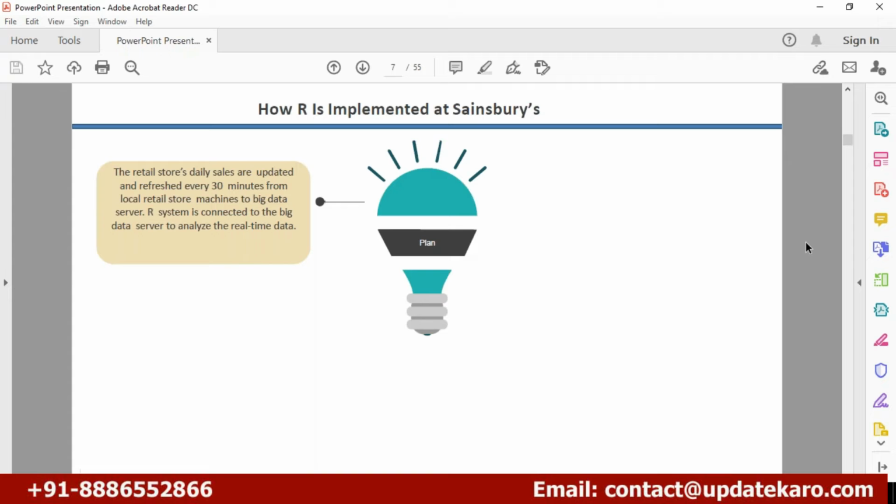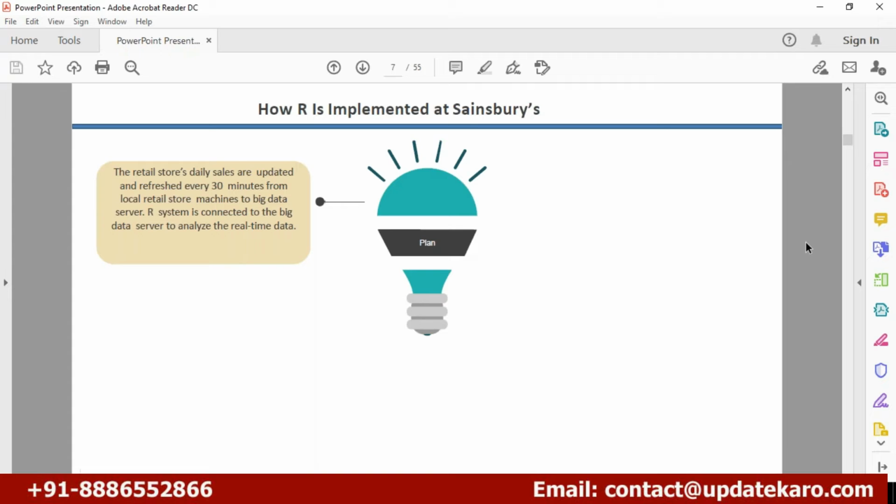That's what the success of this supermarket lay in: introducing R software into their ecosystem. And what R did: the retail stores' daily sales are updated and refreshed every 30 minutes from local retail store machines to the big data server.